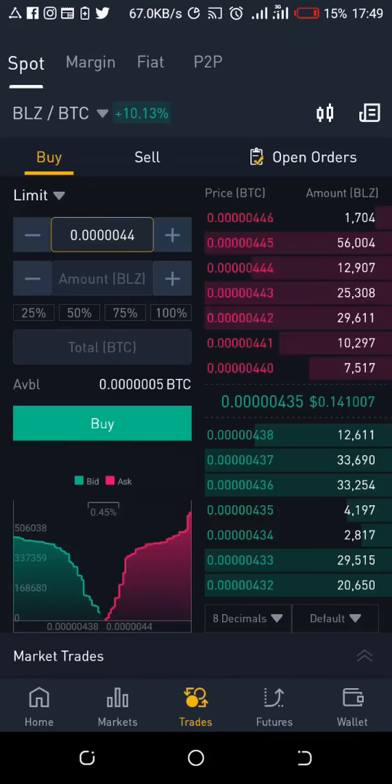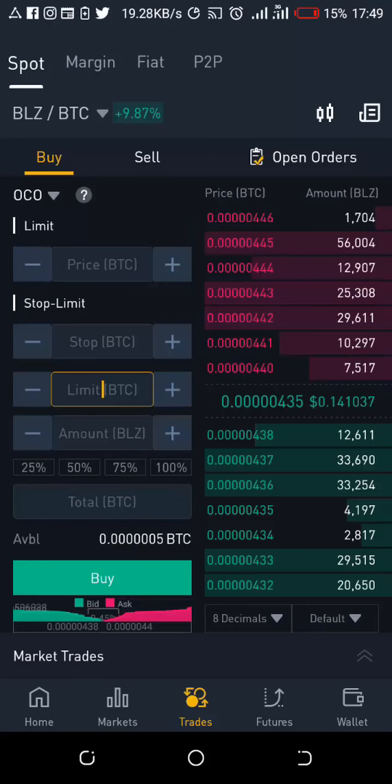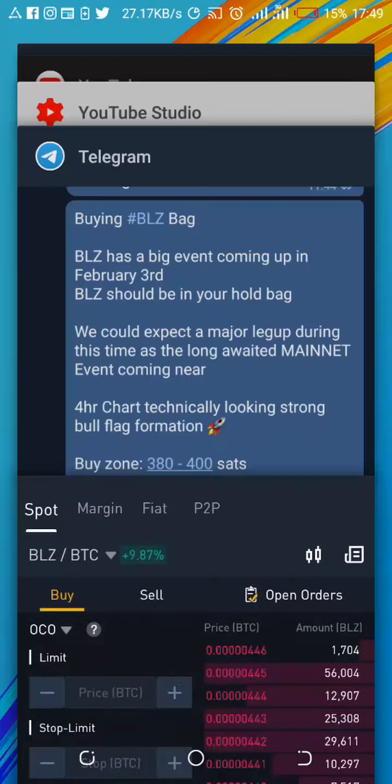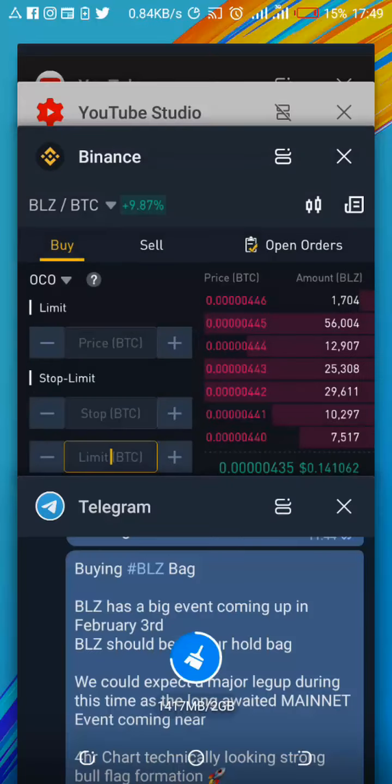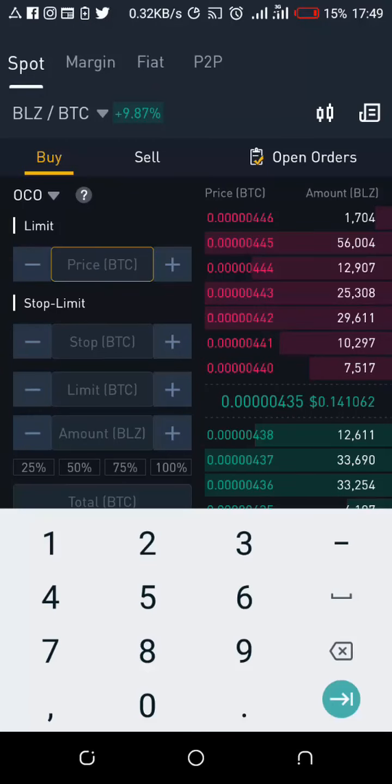So for us to take our next profit, we are going to adjust our trade using OCO again. So we say, if the price goes to the third target, which is 479 Satoshi, then let us take a profit. So we say this should be 479 Satoshi.